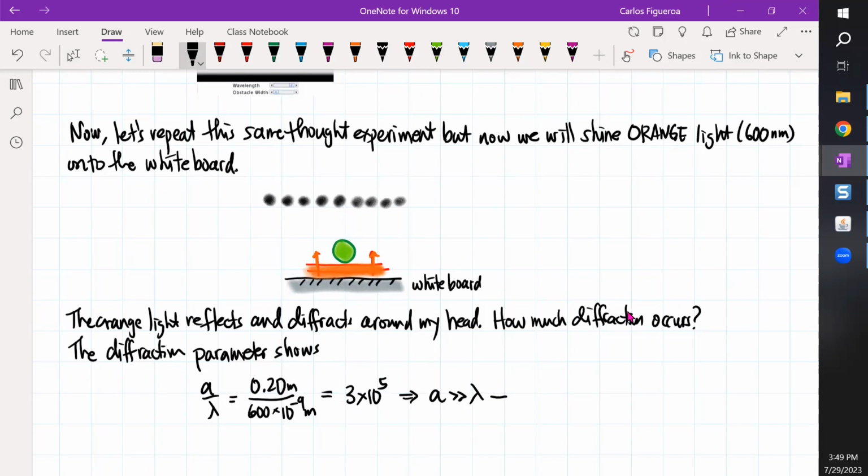So this tells us that my obstacle, my head, is very large and light will not diffract much.